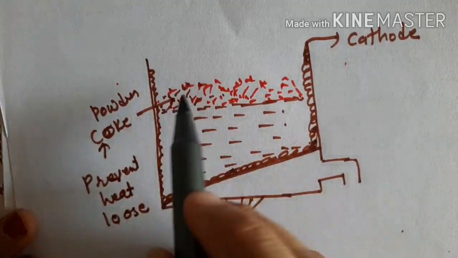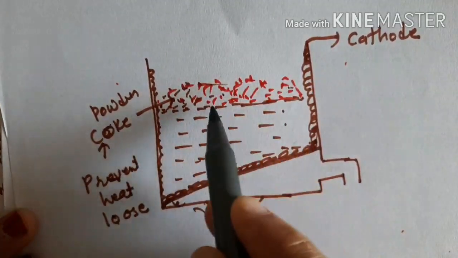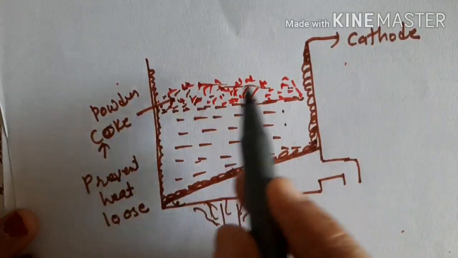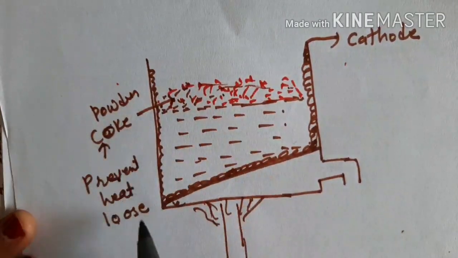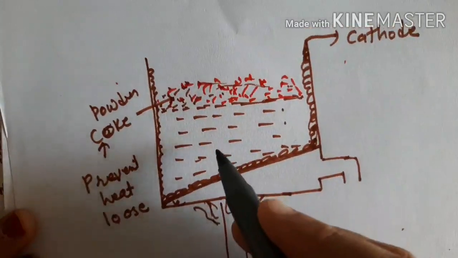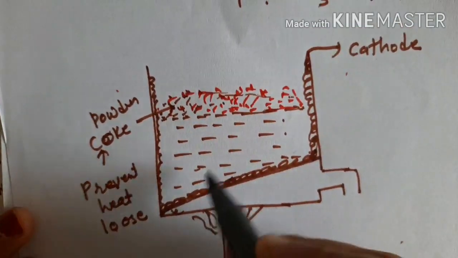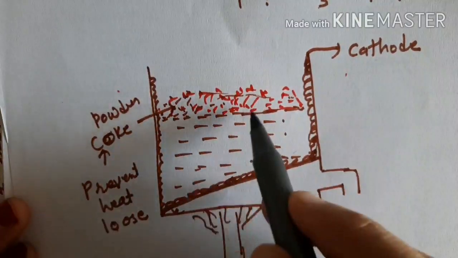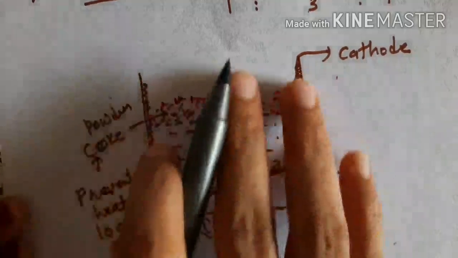Another purpose is also there, which I will tell you later. First remember the heat loss: when we apply that high amount of heat, the heat should not be lost. That is why we add coke powder on the surface of the electrolyte.